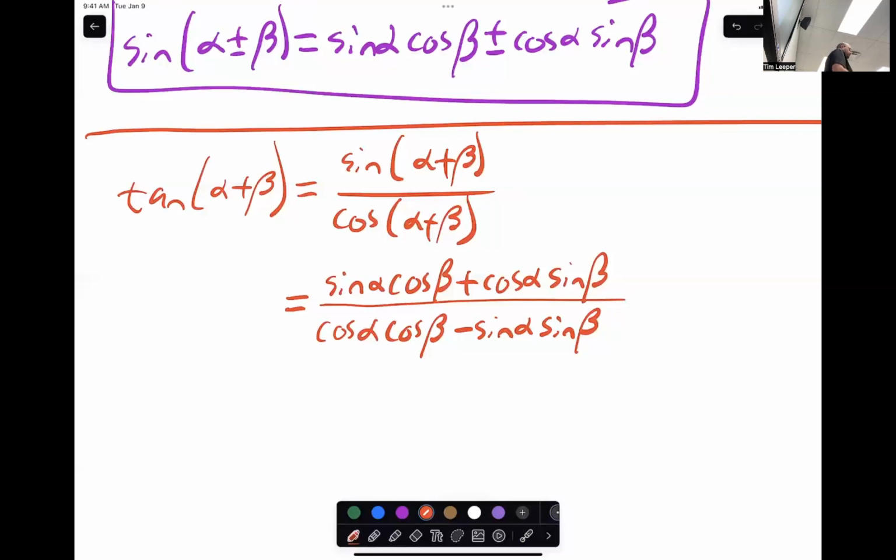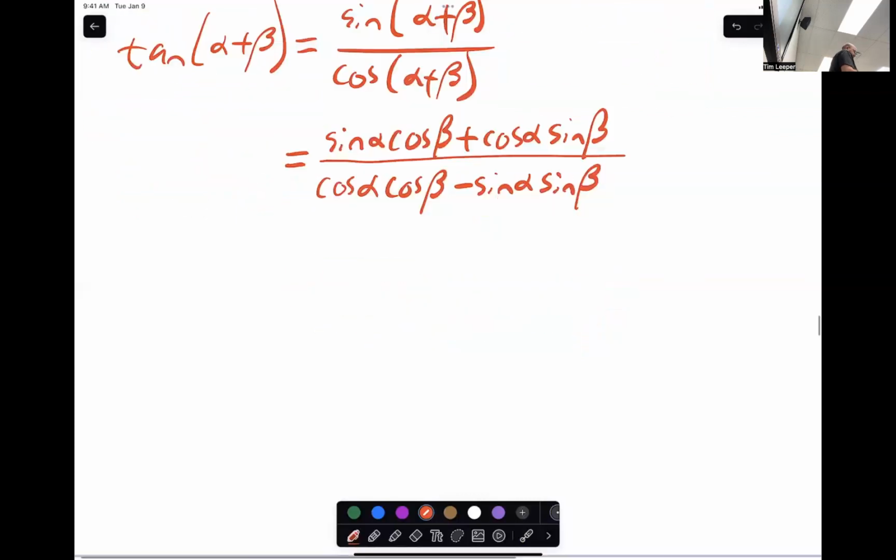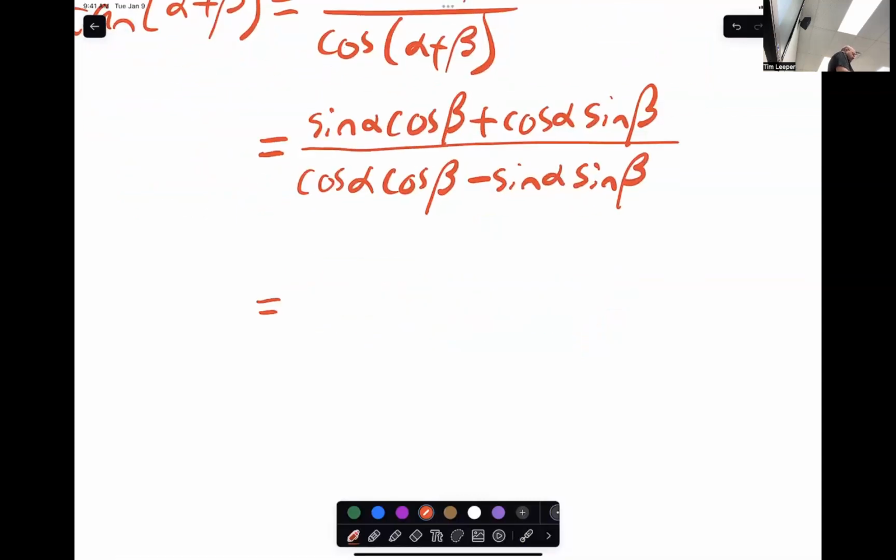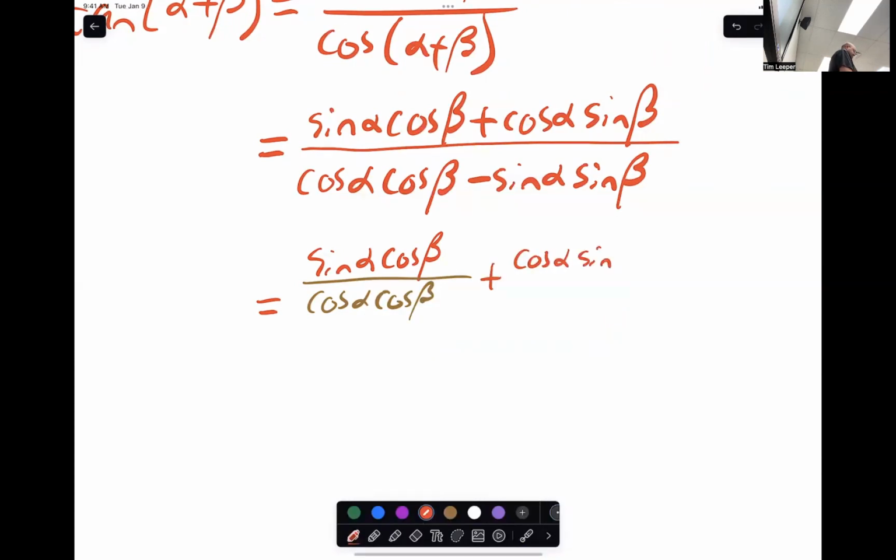So here's what we're going to do. We're going to go through here and divide everything by cosine alpha cosine beta. In other words, we're going to have the following. We're going to take that sine alpha cosine beta and divide it by cosine alpha cosine beta, and then plus that cosine alpha sine beta divided by cosine alpha cosine beta.